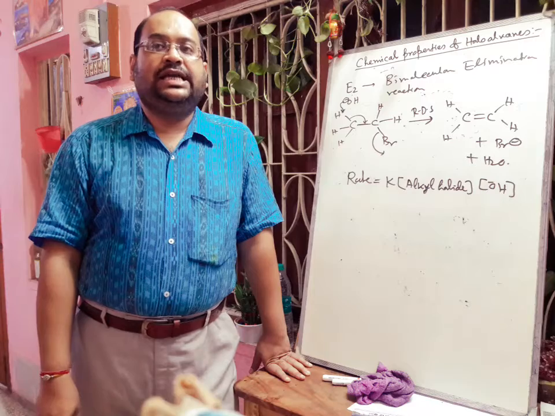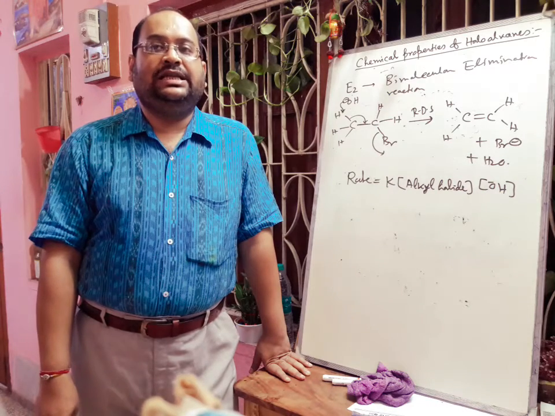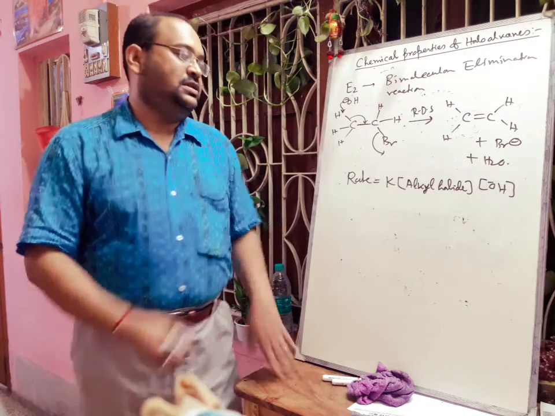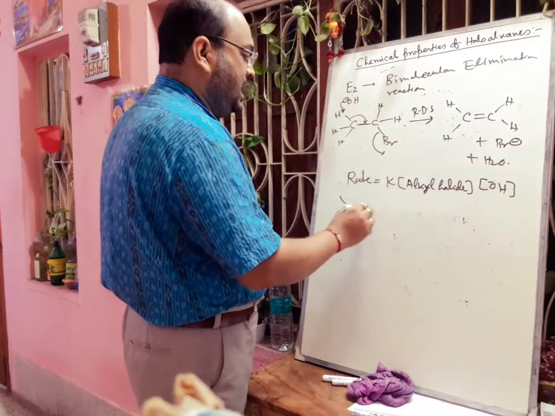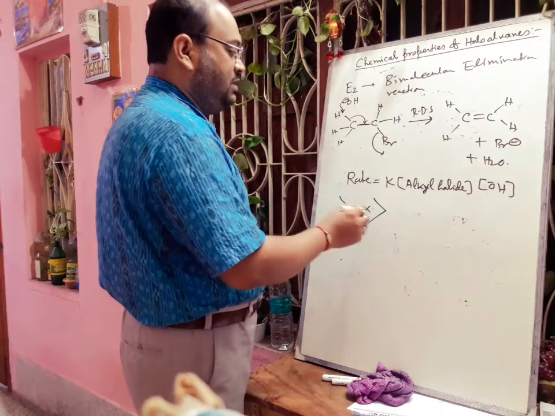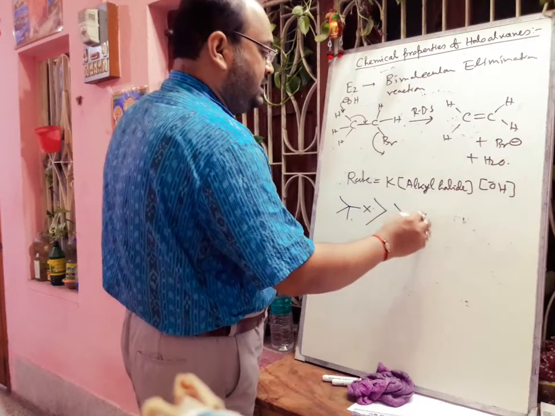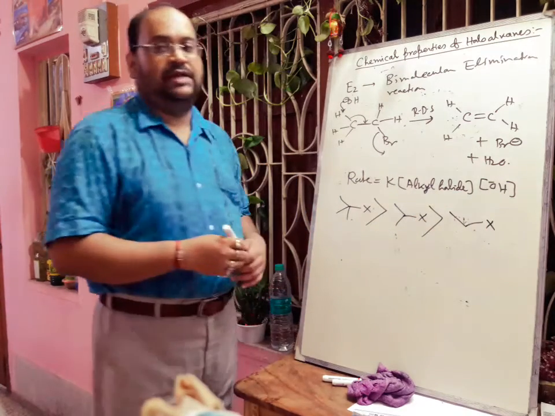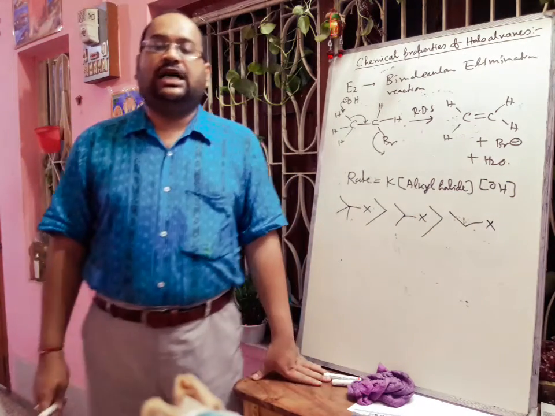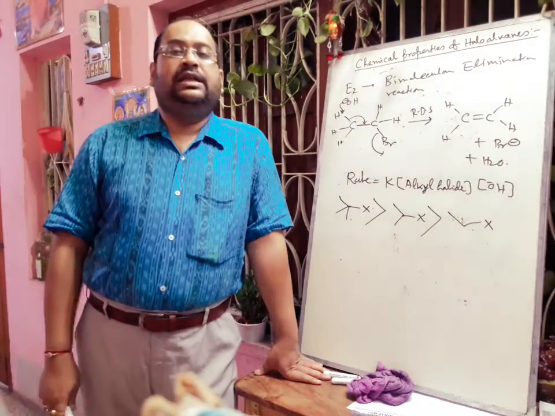Next we will discuss the reactivity of alkyl halides for elimination reaction. Generally for elimination, the reactivity of tertiary halides is higher compared to secondary halides, then primary halides. So the chance of elimination for primary halides is very low.